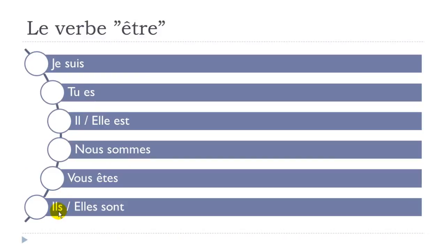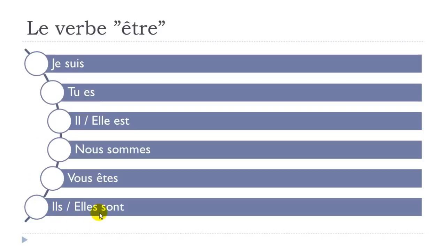Ils. Okay, so you can notice that even if you've got this S at the end, and then here you don't have anything, well, you pronounce them the same way. Okay, il, singular form, ils, plural form.